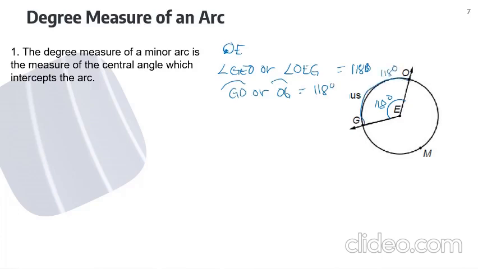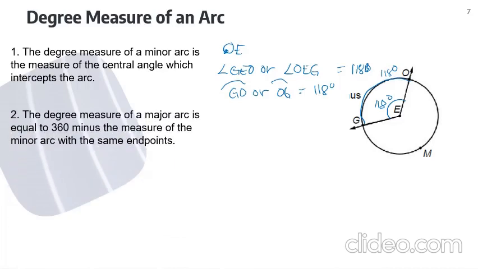Again, what will be the measure of the central angle, that is also the measure of the intercepted arc. Next, the degree measure of a major arc is equal to 360 degrees minus the measure of the minor arc with the same endpoints.